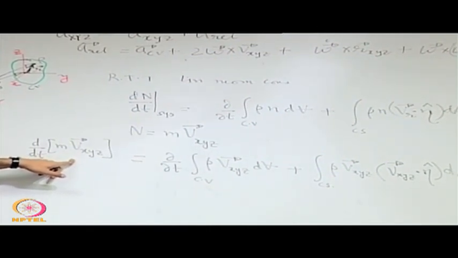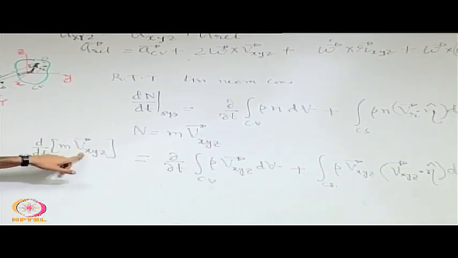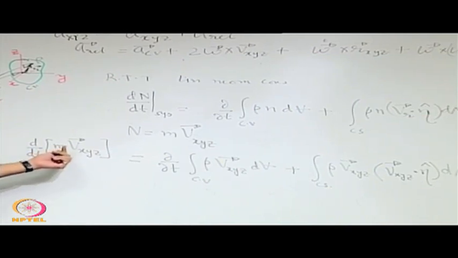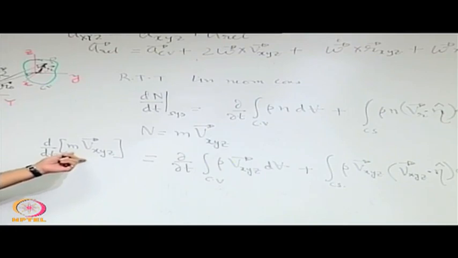The assumption is that the entire system is having the velocity V small xyz relative to the small xyz. That is how we have written, with the mass into this, because this is the total linear momentum of the system.